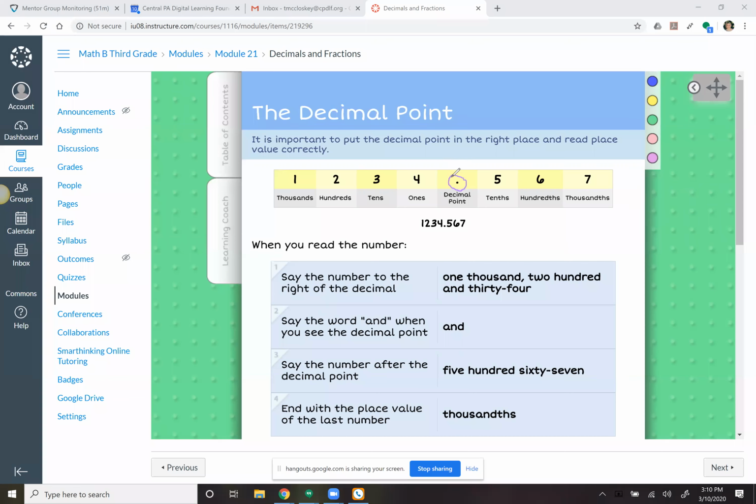Anything to the left is always going to be a whole number. To think about it in fraction terms, it's our entire pizza pie, the whole thing.